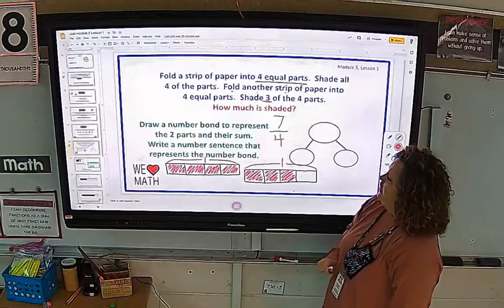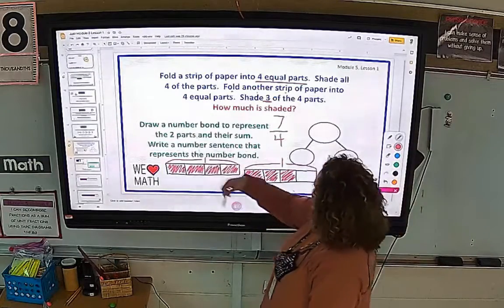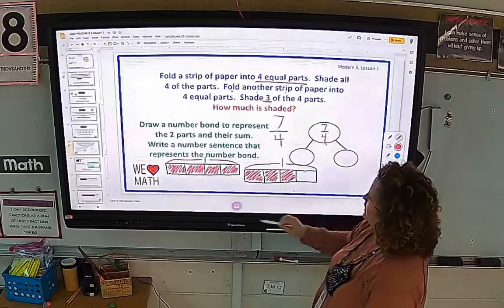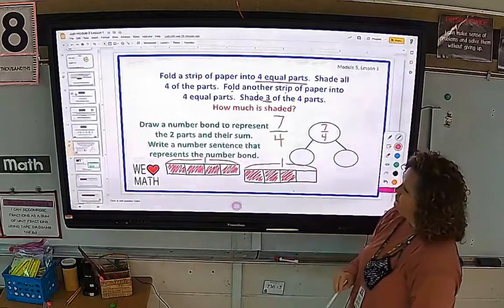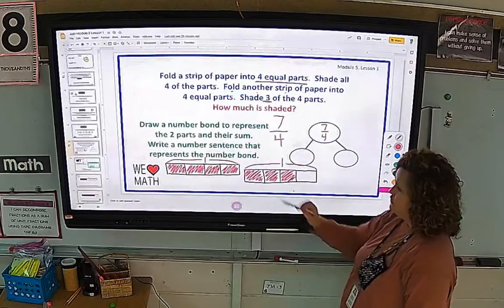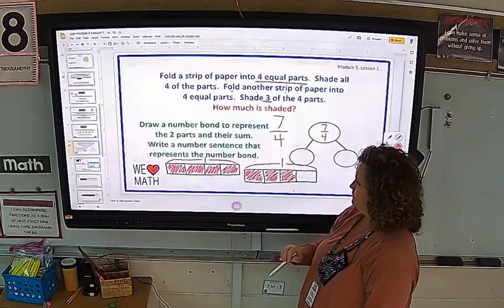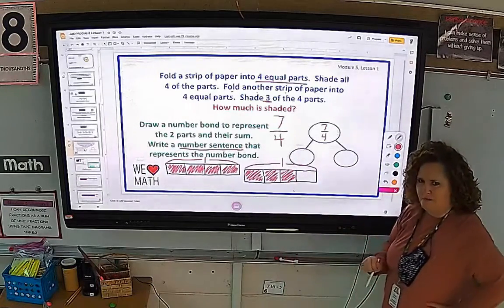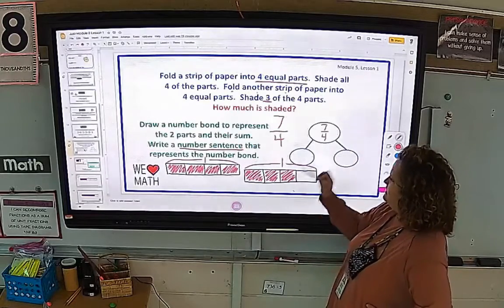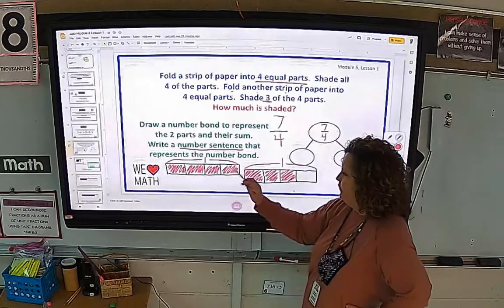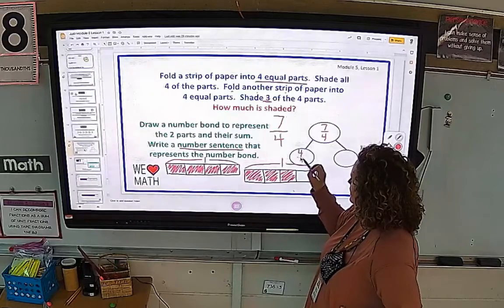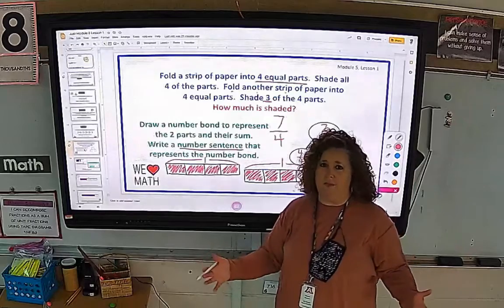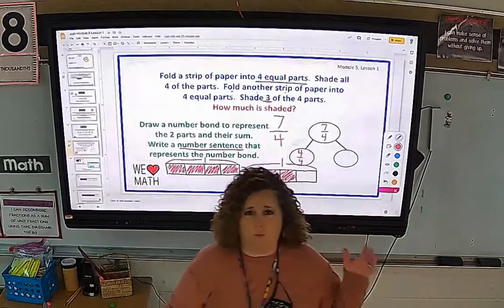Okay. Now it says how much is shaded? Well, 7 fourths. It also says to draw a number bond to represent the 2 parts and their sum, and to write a number sentence. We'll squish that in somewhere. So 7 fourths is equal to 1, 2, 3, 4 fourths. I would give a ticket out right now if you were in the room and I would say 4 fourths is equal to what number?